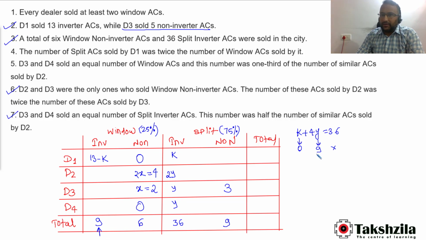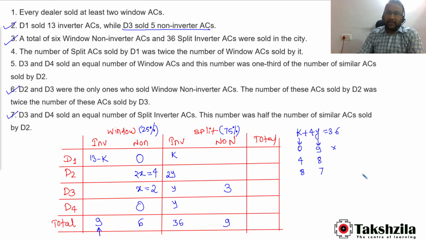Then the next possible value of Y is 8, in that case the value of K becomes 4. Now the next possible value of Y is 7. In that case the value of K will become 8.